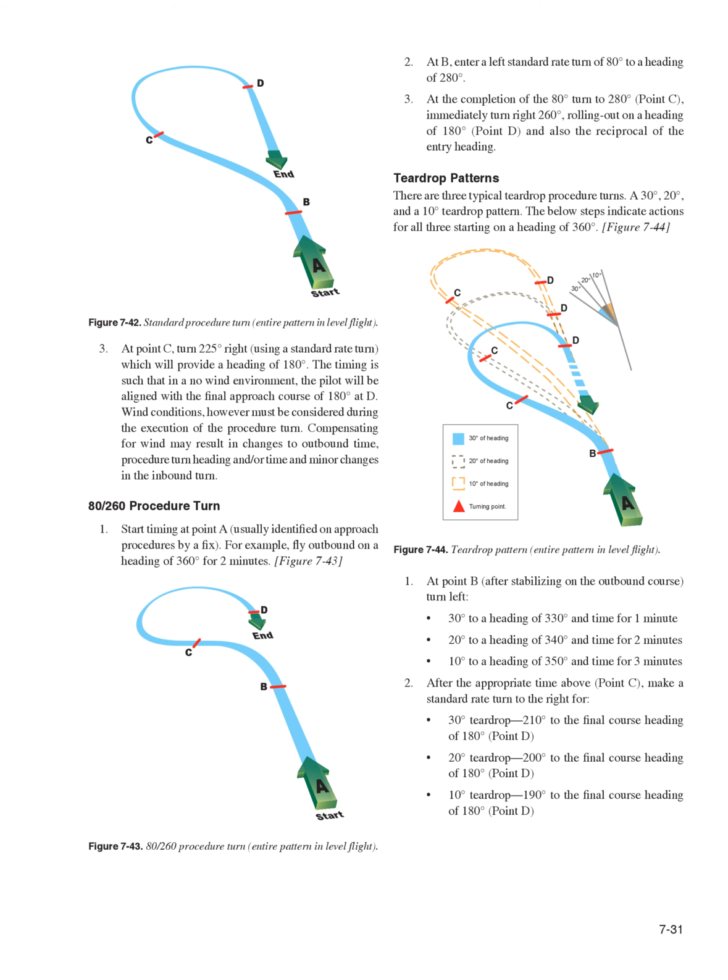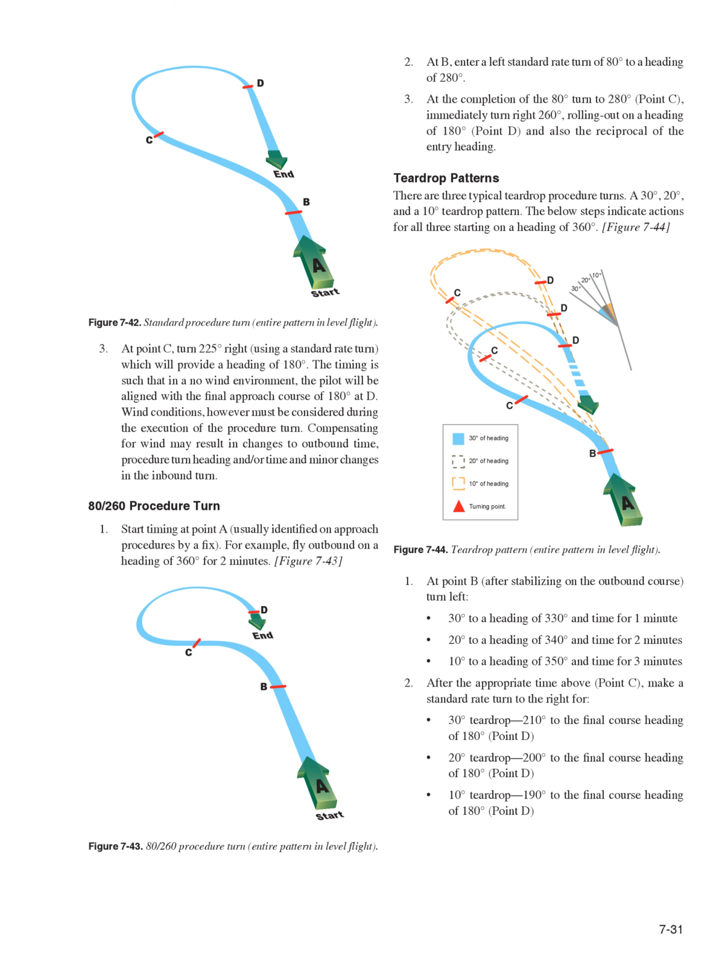Teardrop patterns. There are 3 typical teardrop procedure turns: a 30 degrees, 20 degrees, and a 10 degrees teardrop pattern. The steps below indicate actions for all 3, starting on a heading of 360 degrees. Figure 7-44, Figure 5-44-1. At point B, after stabilizing on the outbound course, turn left 30 degrees to a heading of 330 degrees and time for 1 minute, 20 degrees to a heading of 340 degrees and time for 2 minutes, 10 degrees to a heading of 350 degrees and time for 3 minutes.